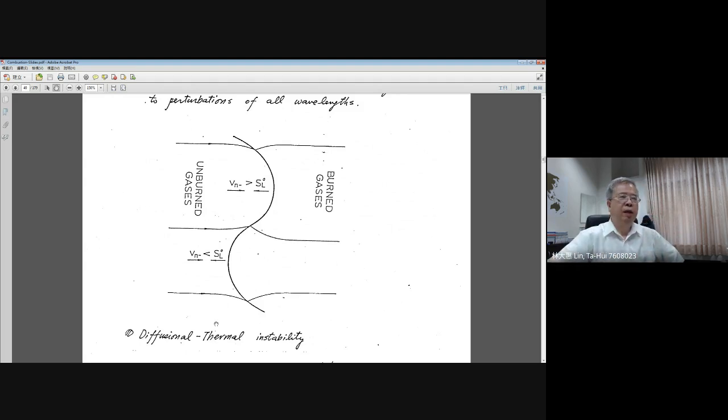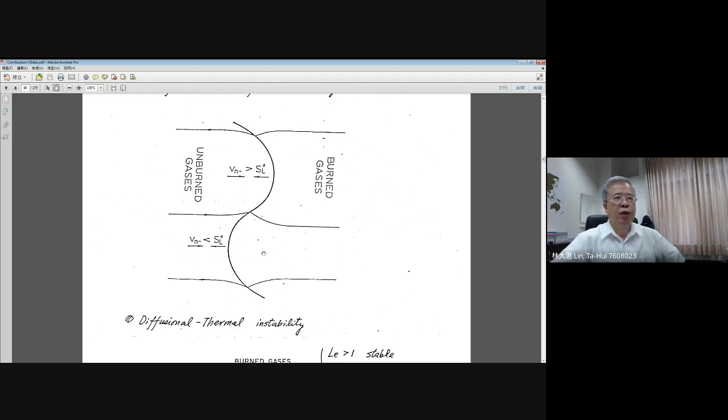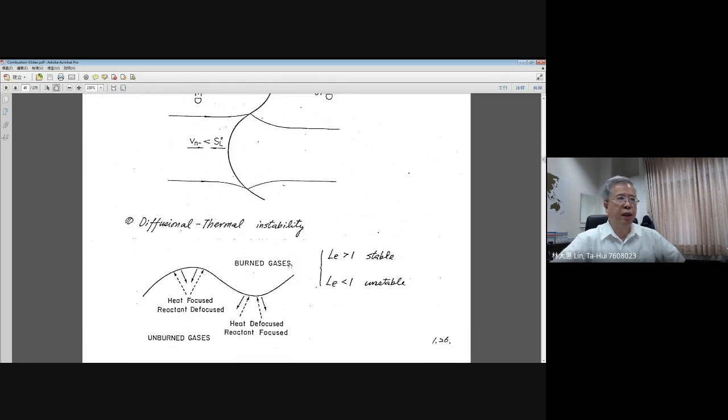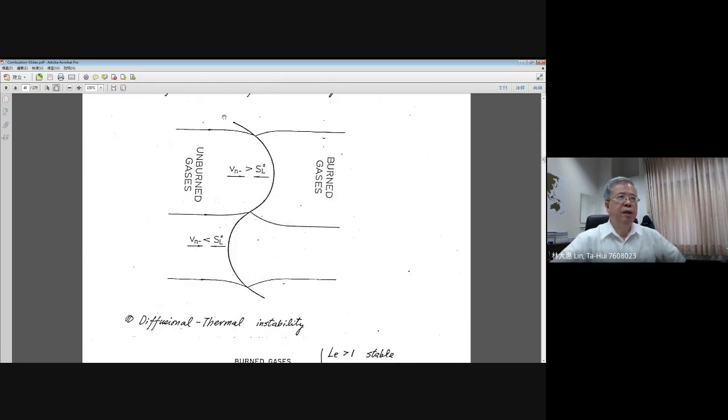The disturbed flame shape looks like this in your lecture notes, page 1.26. Now this flame shape is already perturbed by an outer disturbance.